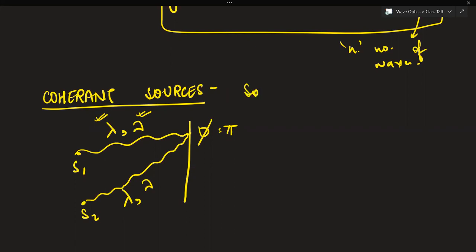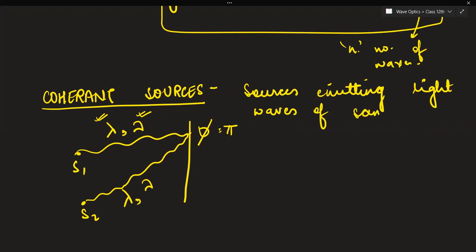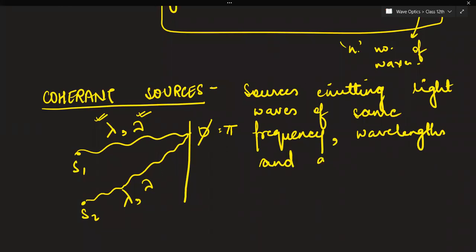So coherent sources are sources emitting light waves of the same frequency, the same wavelength, and a constant phase difference.